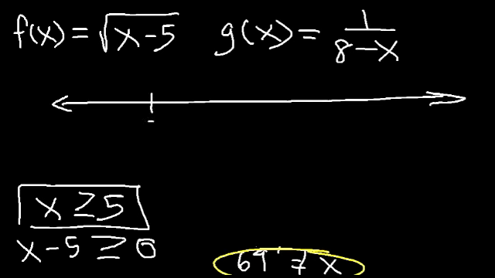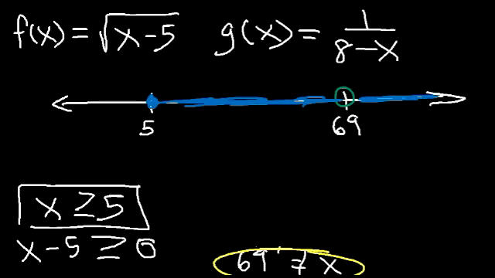So let's say 5 is to the left and 69 is somewhere to the right. Now, we know that x cannot equal 69, so we have an open circle. But x can equal 5, and it's also greater than 5. So it's everything to the right of 5 except 69. It could be anything greater than 5.